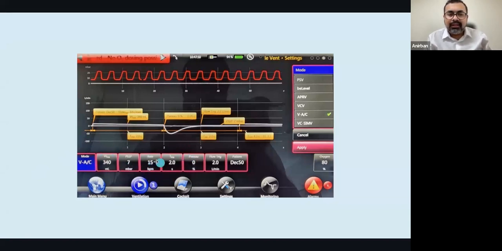From respiratory rate and inspiratory time, you can find out the inspiratory expiratory ratio, and PEEP. The only addition from the previous one is the flow trigger. So you have told the ventilator that if the patient generates a flow of 2 liters per minute, it gives a breath. So this is a patient triggered breath that the ventilator will give.